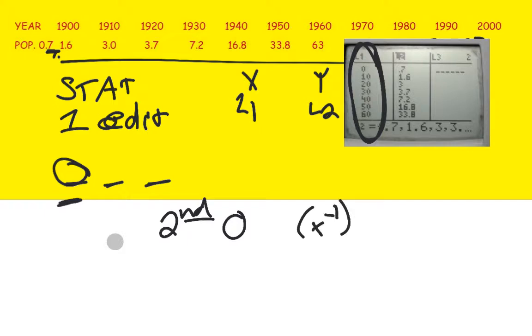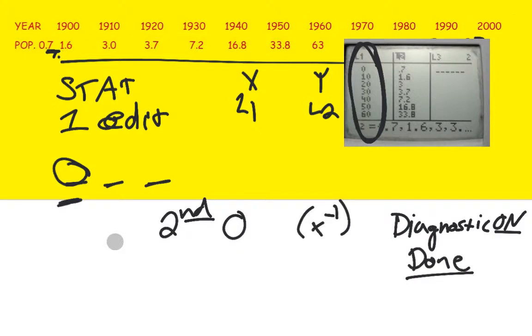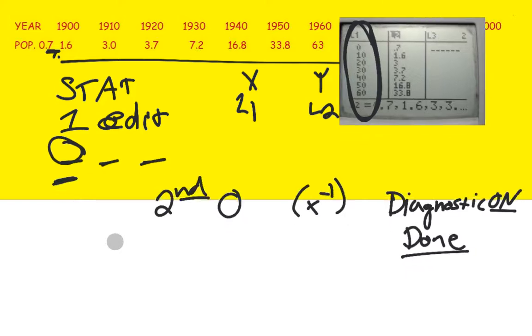And then just scroll down, and you'll have something called Diagnostics On. This is very important to us because we're going to be using this. So make sure it's on, hit enter, enter. When it says done on your home screen, your diagnostics have been turned on. And that's what we want.